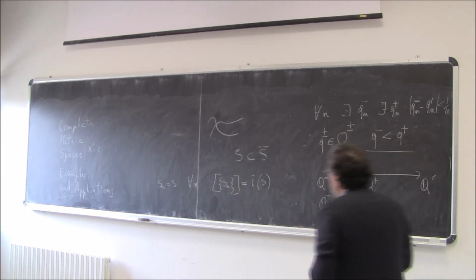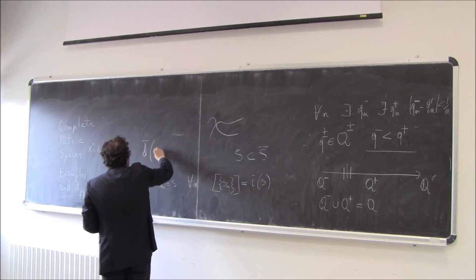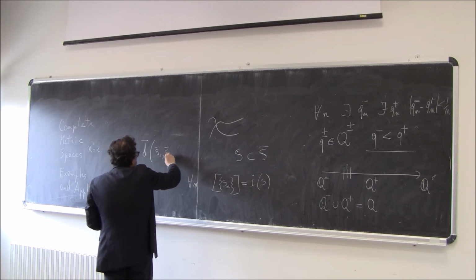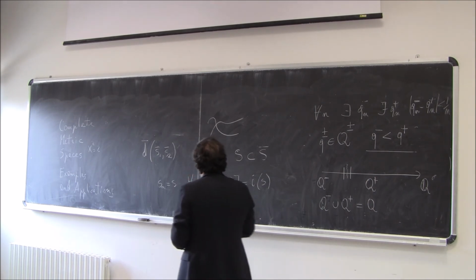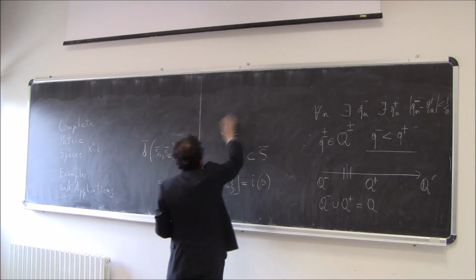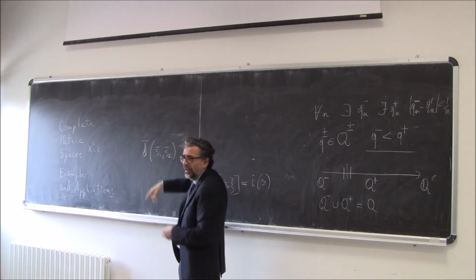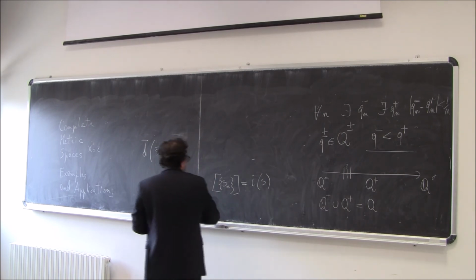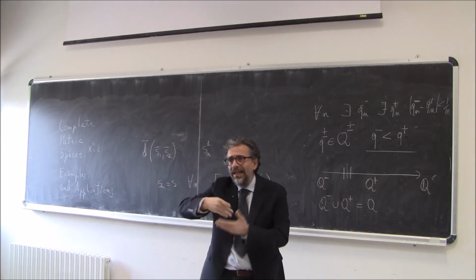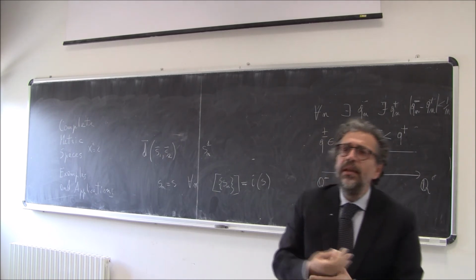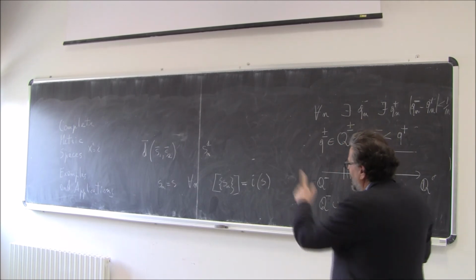Okay? So, what is the distance between S bar 1 and S bar 2? You take one element of S bar 1. It is a Cauchy sequence. Okay? So we call it S1n. N is the counter of the sequence, and 1 is the name of the first element, S bar 1.